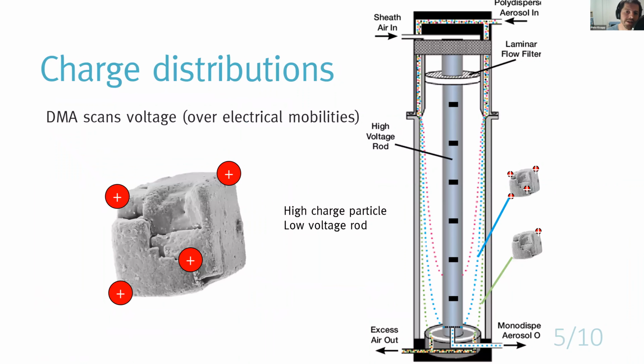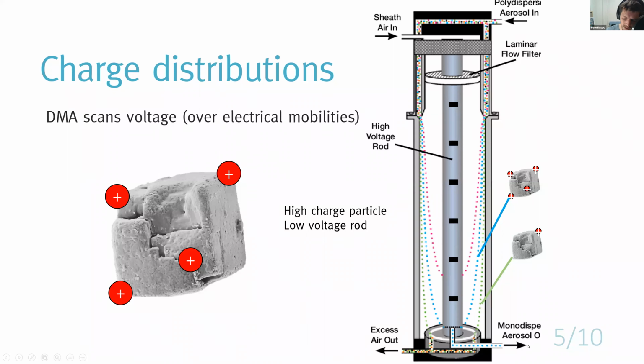Then to measure the charge distributions, in other words, how many charge 1 states, charge 2, and positive and negative, I have the DMA. Just to indicate what's going on here: if you have your aerosol coming in from the top down to the bottom, and you have the central rod, then if the voltage is set just right, you can get, in this case, a charge state of 4 plus, hitting that small outlet, and then that is counted.